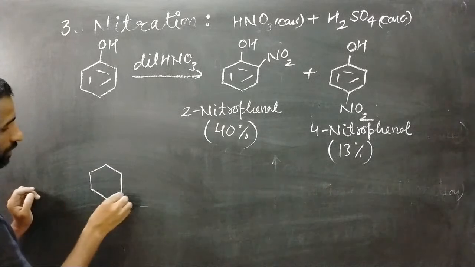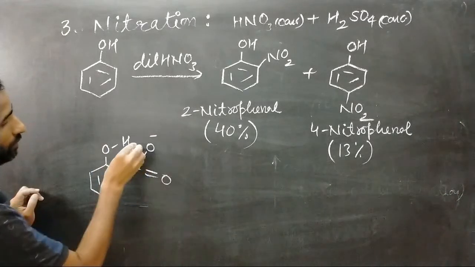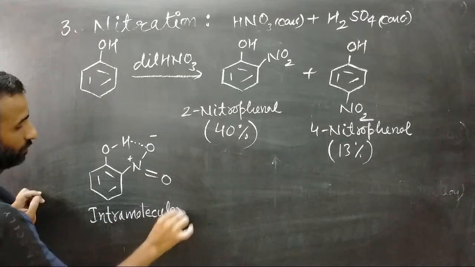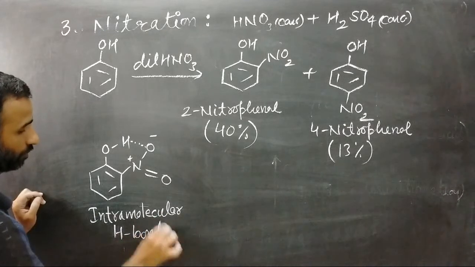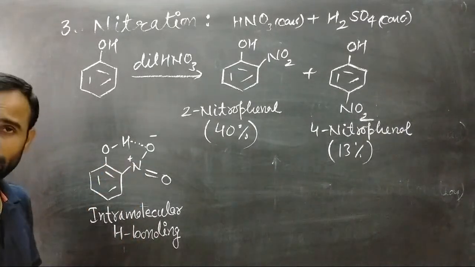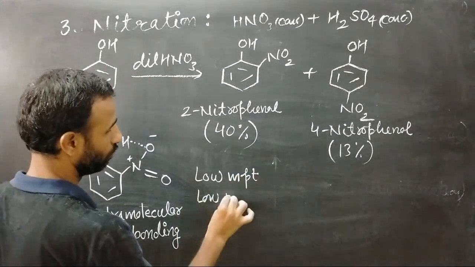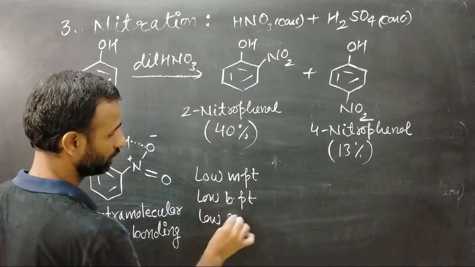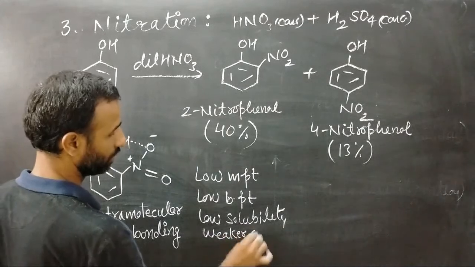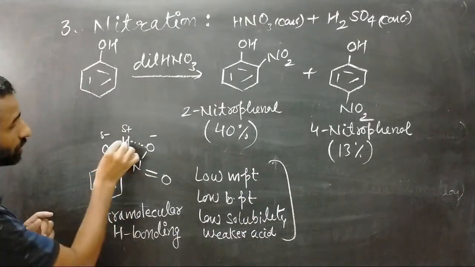How is it possible? Because in orthonitrophenol there is intramolecular H bonding, and due to this intramolecular hydrogen bonding, it has a low melting point, low boiling point, low solubility, and it is a weaker acid. It is a weaker acid because this H is involved in intramolecular hydrogen bonding, so it is difficult to remove it.